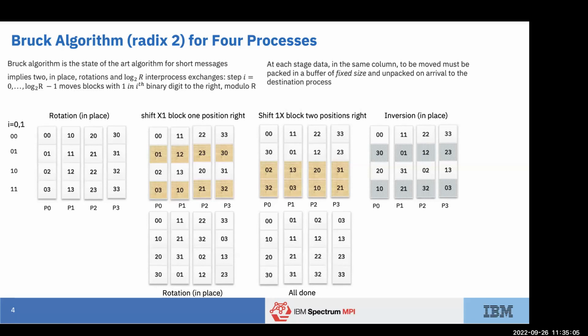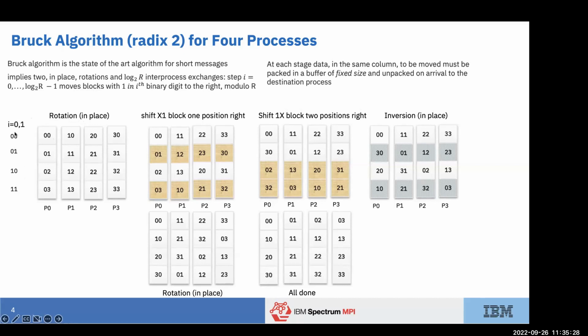For instance, on step I, the rows that will be selected for rotation will be selected by a binary digit being not zero in the node number that is shown on the left.